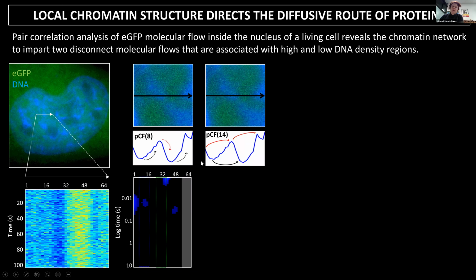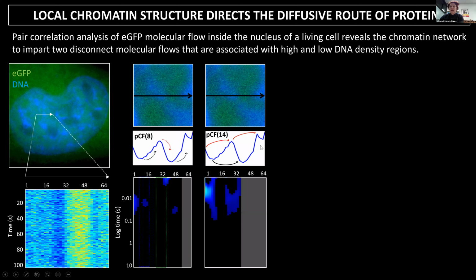If we then change our analysis, so we now do a pair correlation at a larger distance and say, can EGFP diffuse around a high DNA density region? Or if EGFP is in a high DNA density region, can it diffuse throughout this structural framework to another point of high DNA density? And we find that in this scenario indeed the GFP molecules can perform these two transits, and on different timescales.